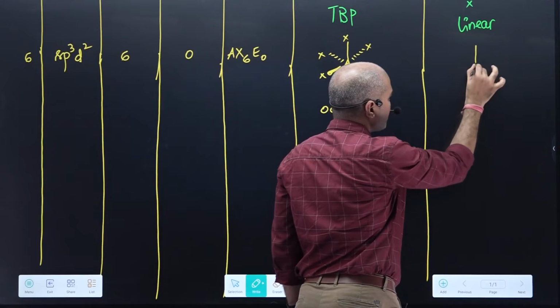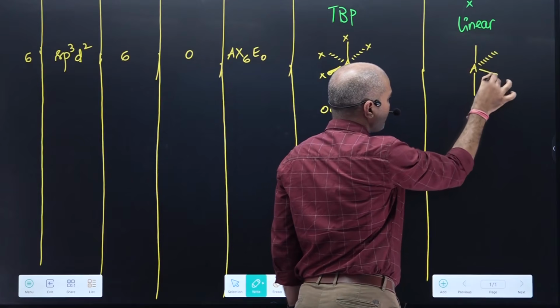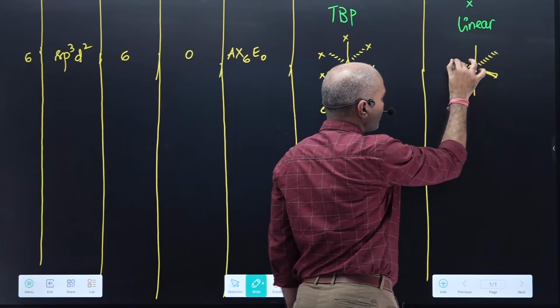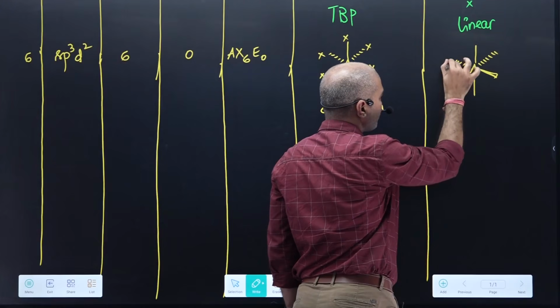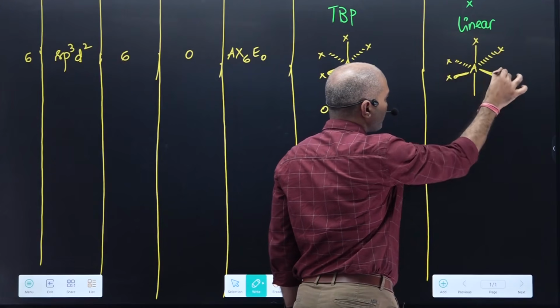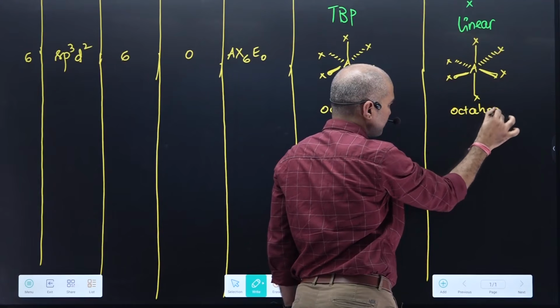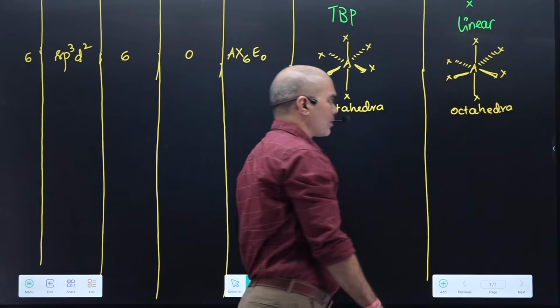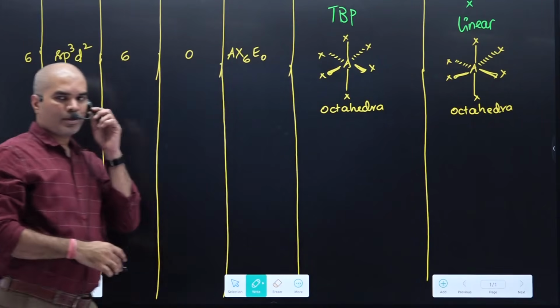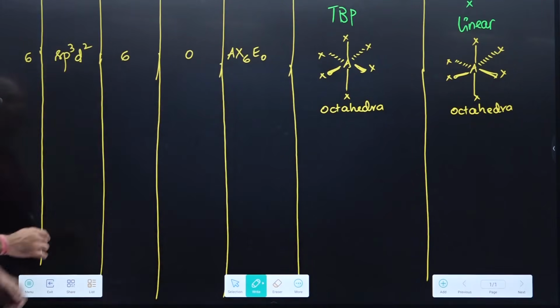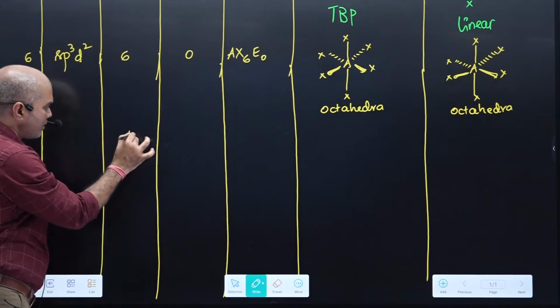Molecular geometry is also the same, octahedral. Now let me take the 5-1 combination.